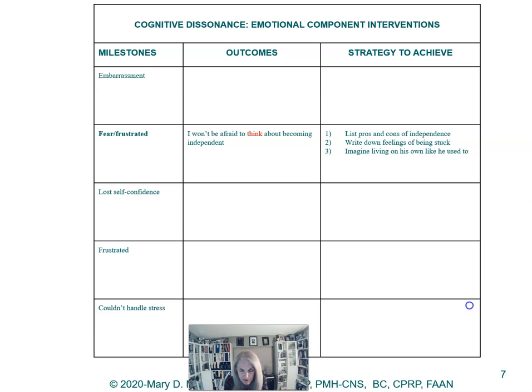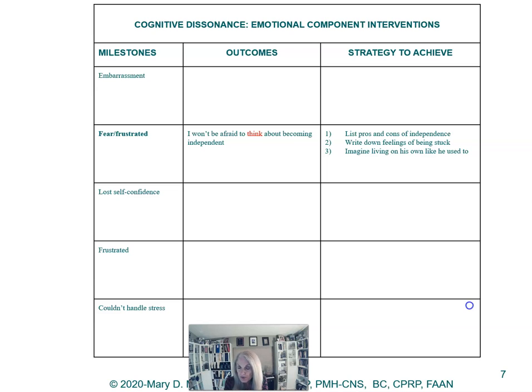So he came up with the outcome, and it's very significant to look at the words he chose. He said, the outcome of fear and frustration is that I won't be afraid to think about becoming independent. He didn't say becoming independent. He said think about becoming independent.